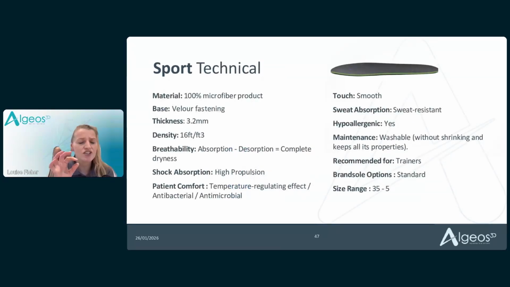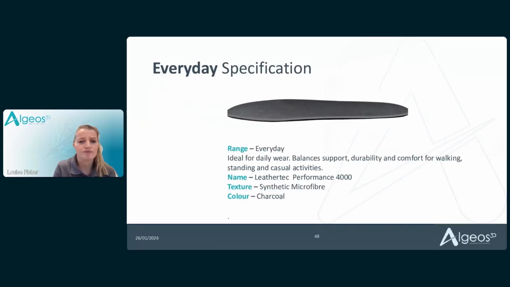The finished depth of the material top cover is 3.2 mil, and it comes across the range of foot sizes as well. Your everyday spec, again, just everyday wear, ideal for comfort, includes the grey Pour-On 4000 performance material for cushioning, and again, the LeatherTech top cover.